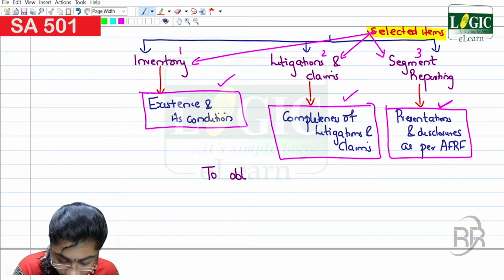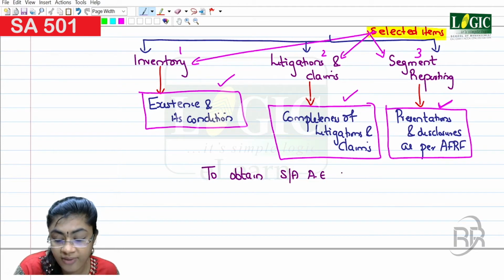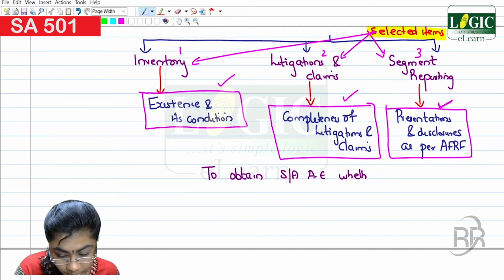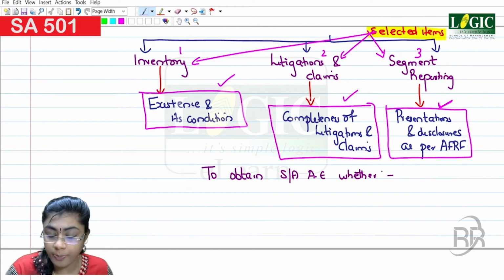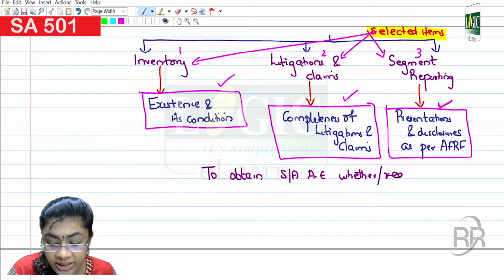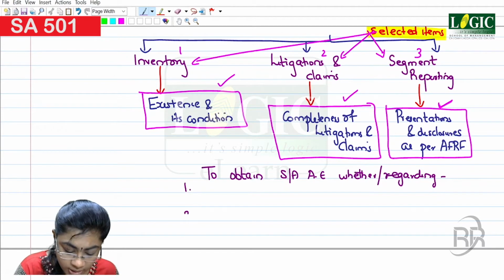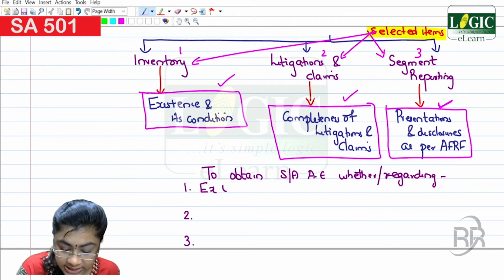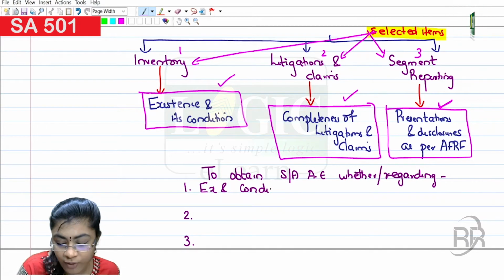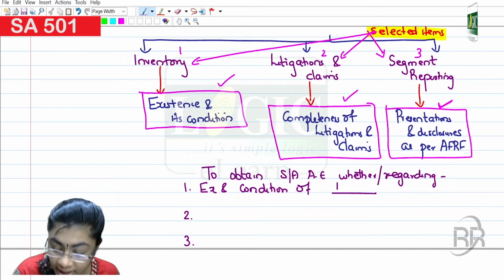To obtain sufficient and appropriate audit evidence whether, or to obtain sufficient and appropriate audit evidence regarding 3 things. 1, 2, 3. What? Existence and condition of dash regarding the inventory.